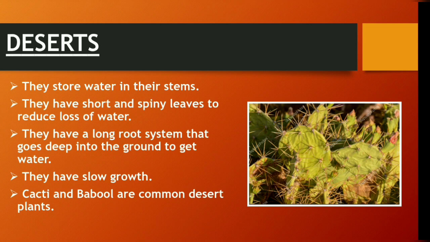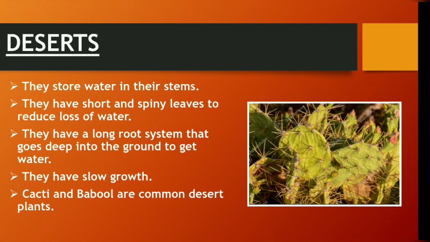Now we all know during photosynthesis water vapor is released, so to reduce the loss of water, they convert their leaves into spines. They have a long root system that goes deep into the ground to get water. The root system is very long to go deep down under the ground to get the water.